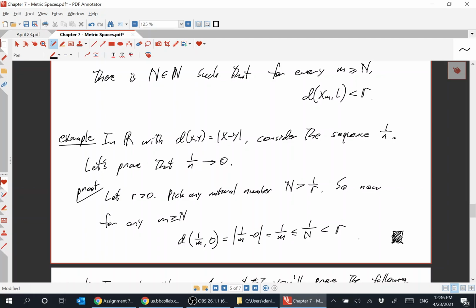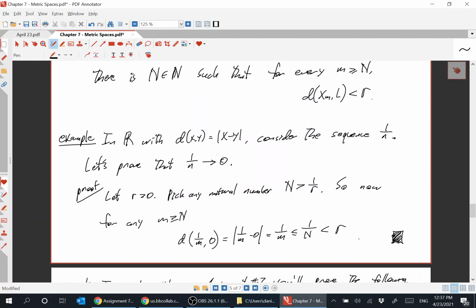Pick any natural number n that exceeds 1 over r. Since r is really small, like 10 to the negative 20, or a septillion or whatever that is, pick a natural number that's bigger than that.